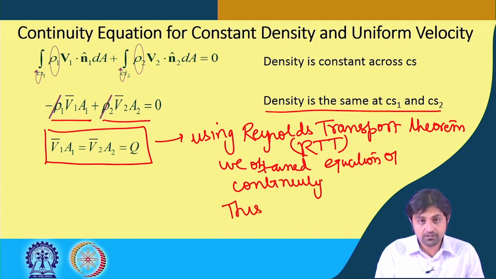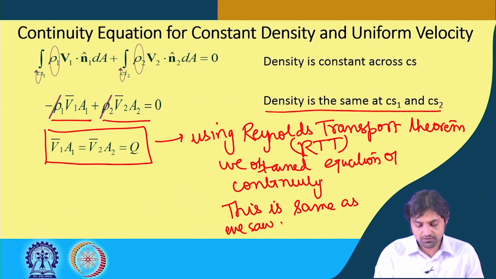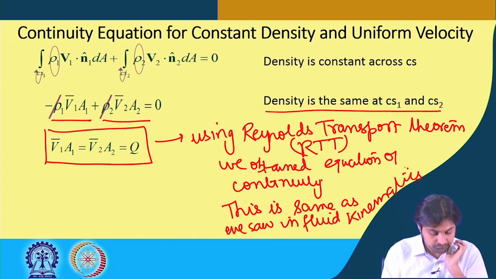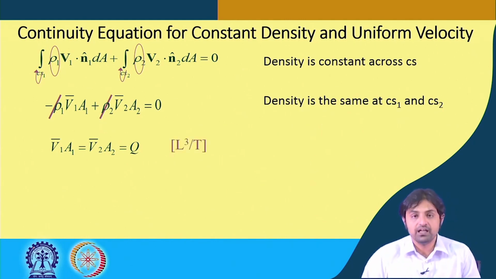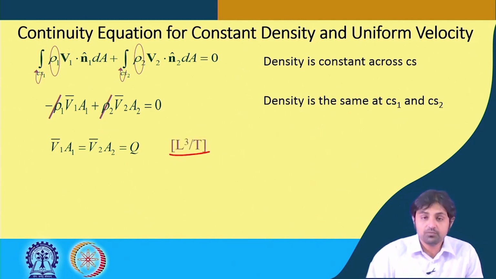This is the same as we saw in fluid kinematics. Okay. So I am going to erase all the ink, and this has a dimension of length cubed by time.